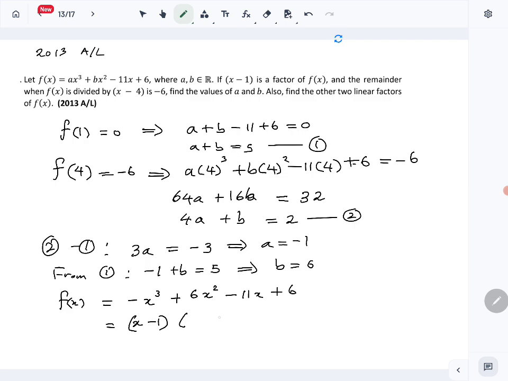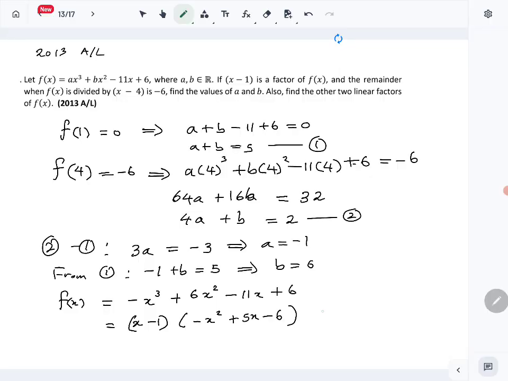Then you can do either long division or what? Observation. I'm going to do it by observation. Minus x squared. So I get minus x cubed, and I need plus 6 as the constant, so I have to have minus 6. So let's see, I get minus x cubed plus x squared. I need 6x squared, so I need to have plus 5x here.